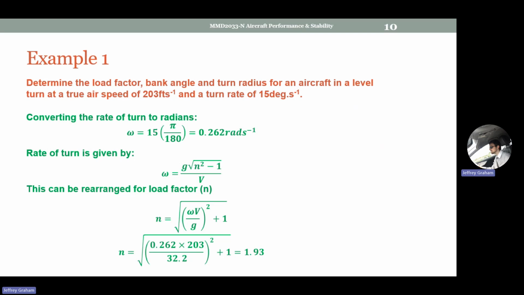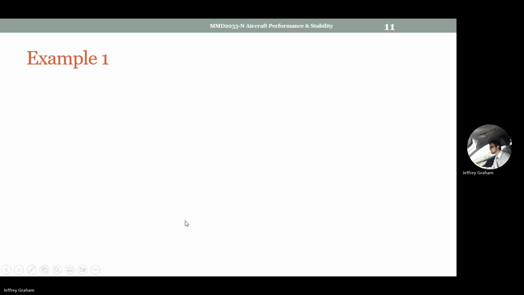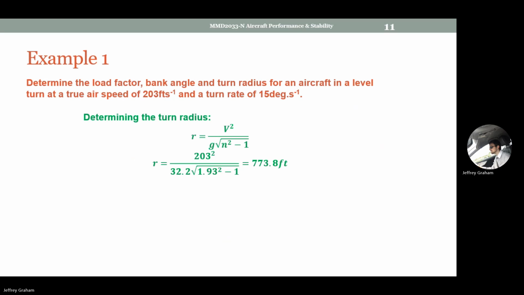The rest of them just fall into place here. Turn radius, you can either use the formula or you can use the relationship set from earlier on. The turn radius is the linear velocity over the angular velocity, of which you've got both.